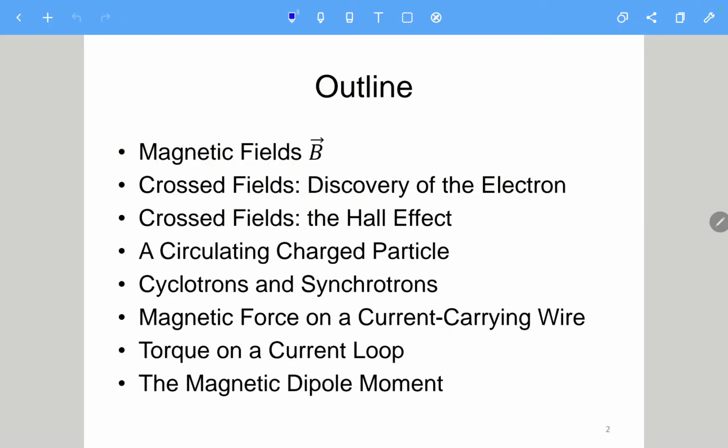Okay, so this is the outline of chapter 28. First of all, we will introduce what is magnetic field, or more precisely, we should call it magnetic flux density. Actually, in this textbook, it is called magnetic field.